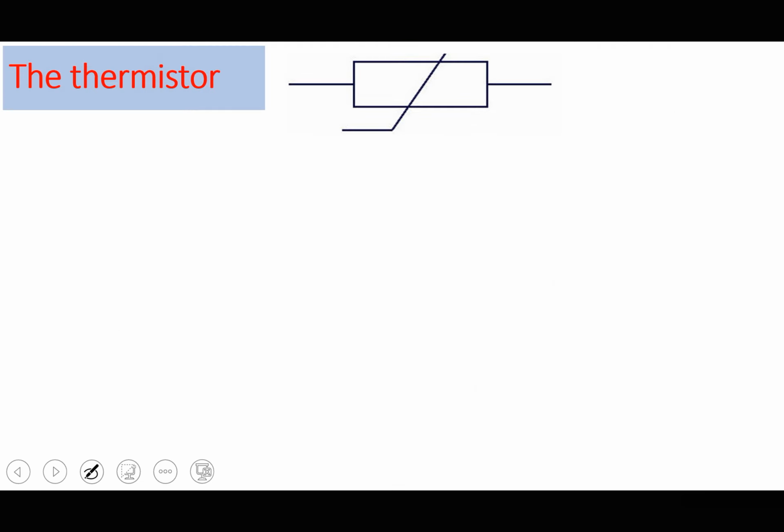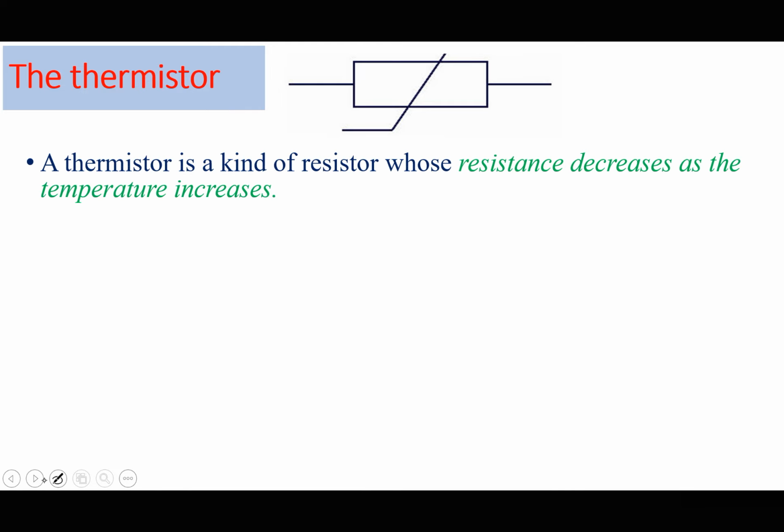So a thermistor is a kind of resistor whose resistance decreases as the temperature increases. So we shall call it a negative coefficient thermistor. In other words, for a thermistor, resistance is inversely proportional to temperature.